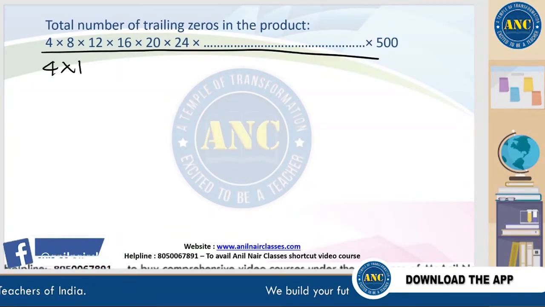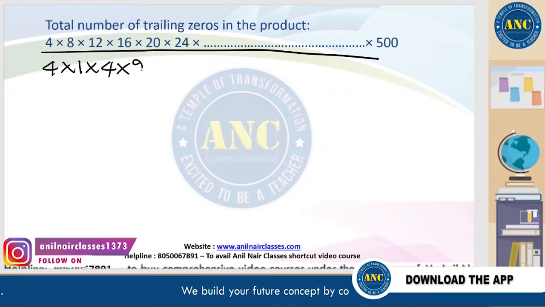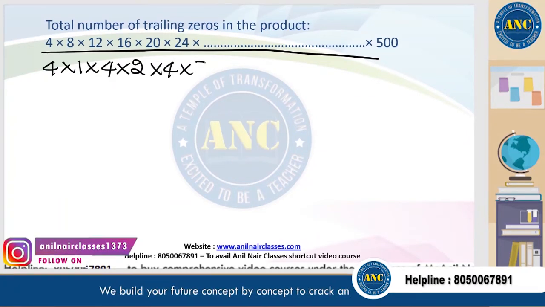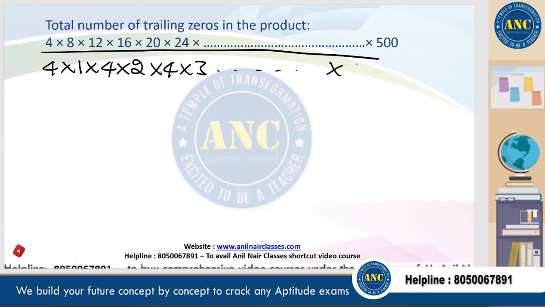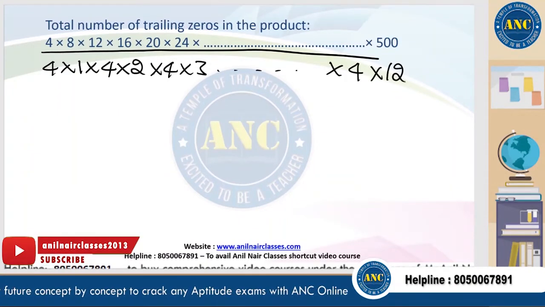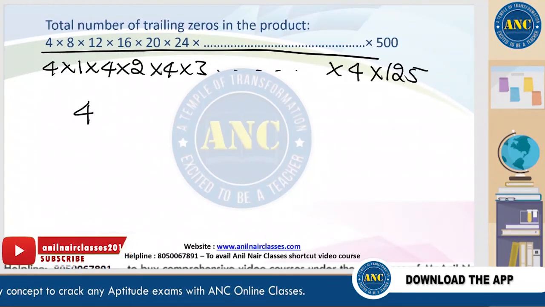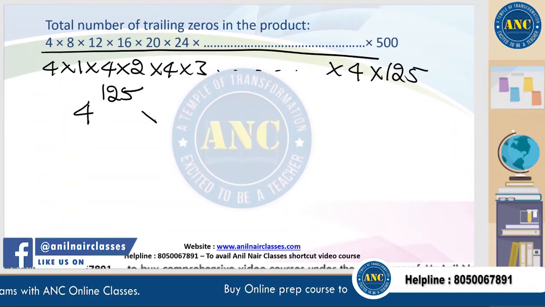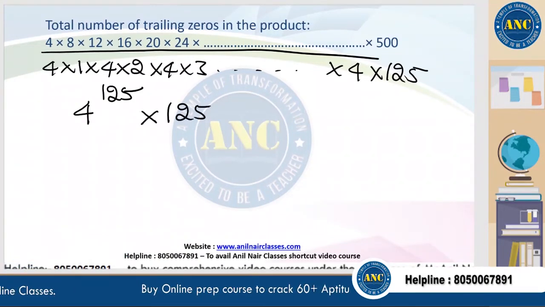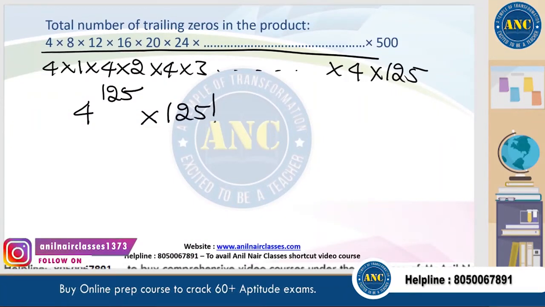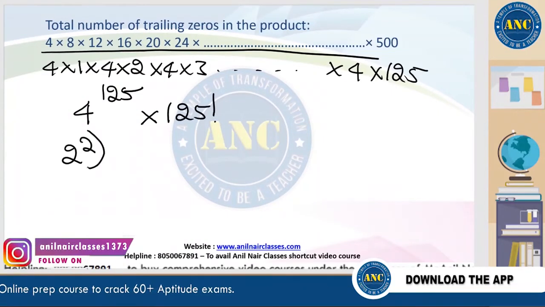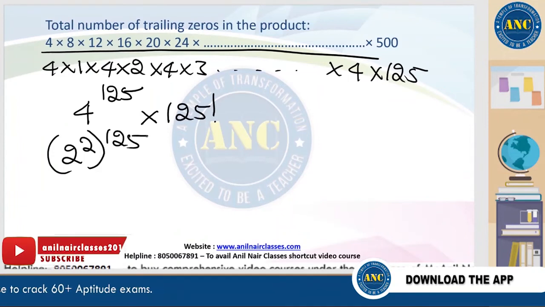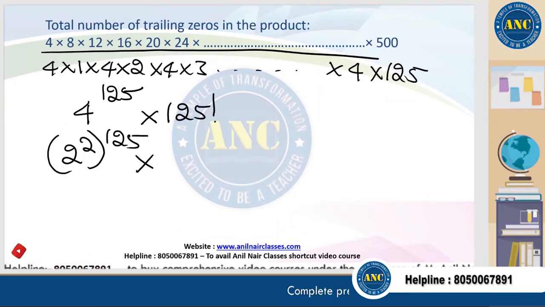4 1s are 4, 4 2s are 8, 4 3s are 12, 4 4s are 16, 4 125s are 500. 4 is multiplied 125 times, so 4 power 125 into 125 factorial. These are nothing but 2 square power 125 into 125 factorial.